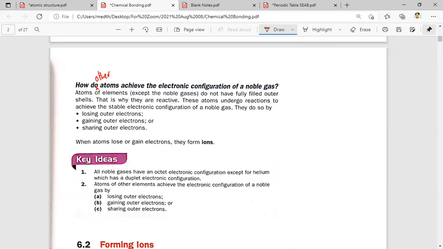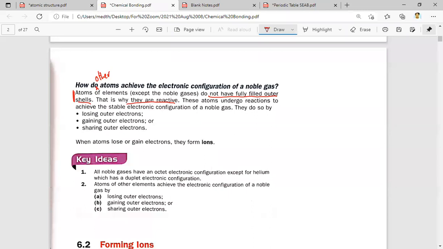How do they do so? Take note, atoms of elements, except for noble gases, do not have fully filled outer shells. So that's why they are reactive. Those of you who never read your textbook, actually you'll realize this one explains quite okay. So they are reactive because their shell is not fully filled.